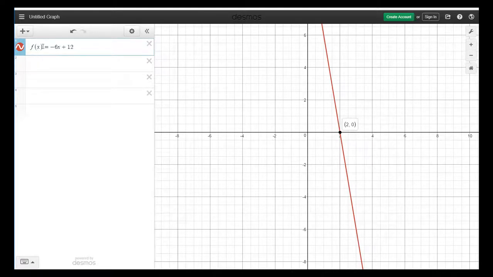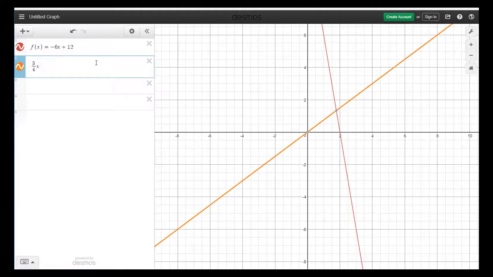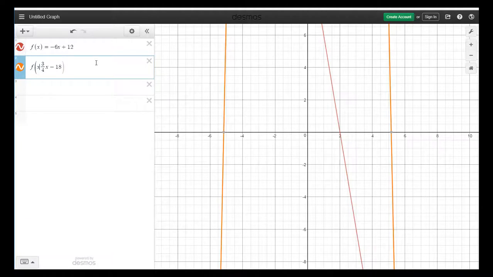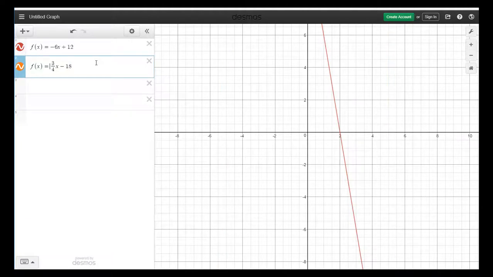Again, I replace f of x with the value of 0 and solve for the value of x. That gives me 2. So our other equation was 3/4 x minus 18. Right? Well, I got to put in here f of x is equal to that.